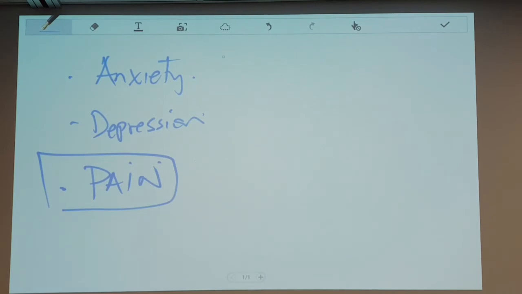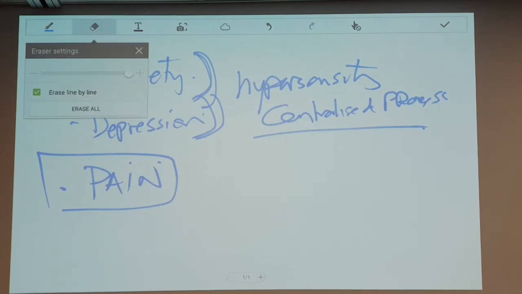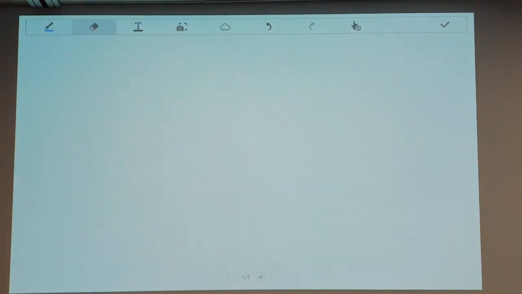But if you think about the way people might respond to situations or social situations or life situations, these are a form of hypersensitivity, and they represent a centralized process.